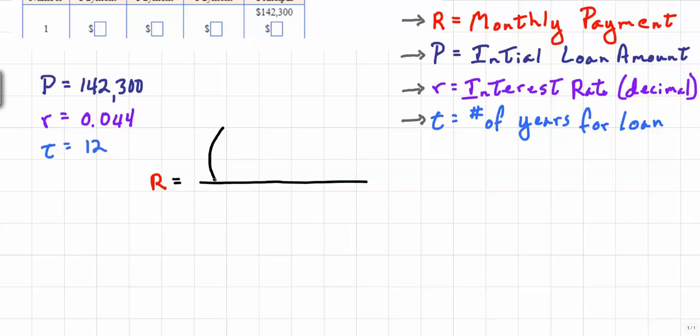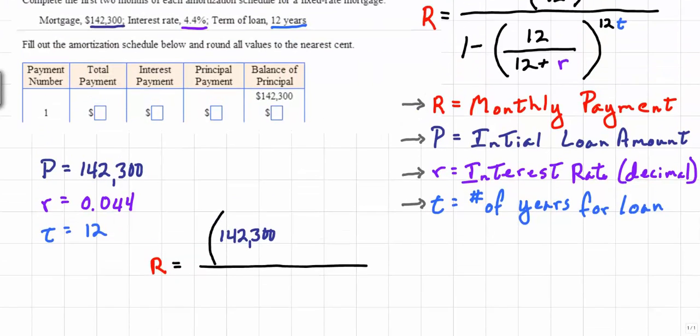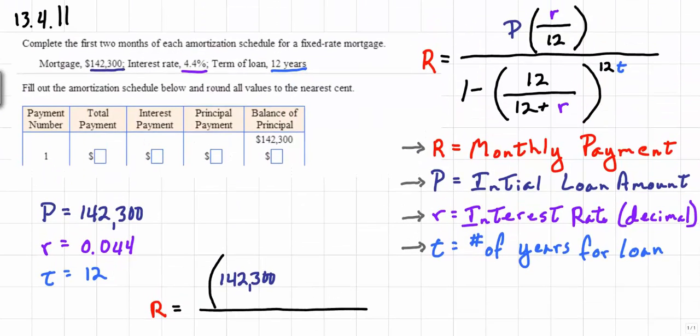So I'm going to put a set of parentheses around the numerator. We're going to take P, which is 142,300, which, if you don't remember, the formula is right up here. Okay. And then I'm going to open another set of parentheses, and that P of 142,300 is going to multiply this following fraction.